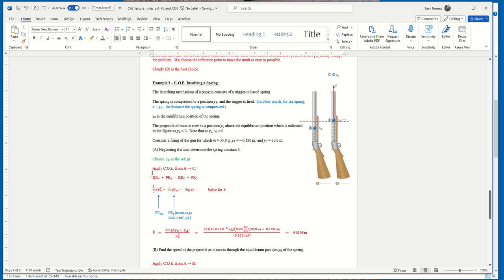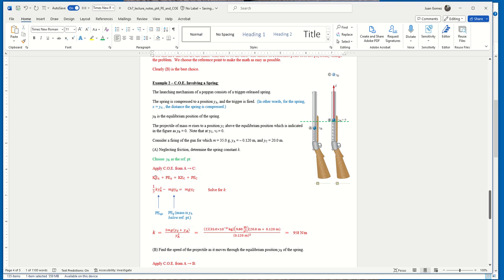Now there's no kinetic energy at A, because when you cock the spring gun, initially the projectile's not moving. Then when you fire it, it goes up to its max height at C. At points A and C, the kinetic energy is 0 because the projectile's not moving at either point.